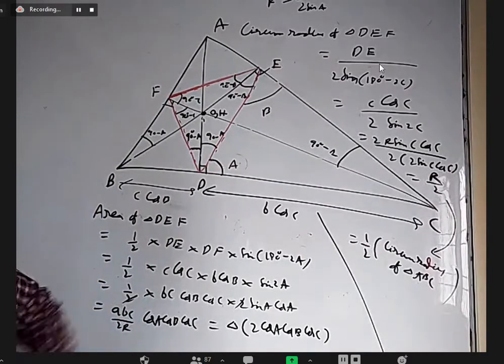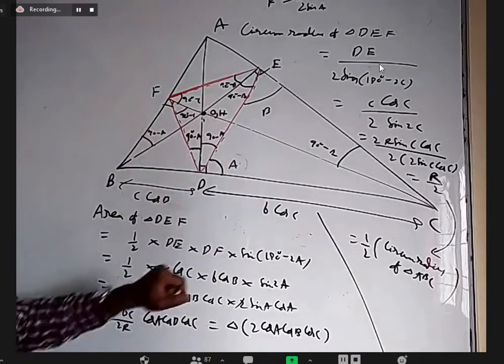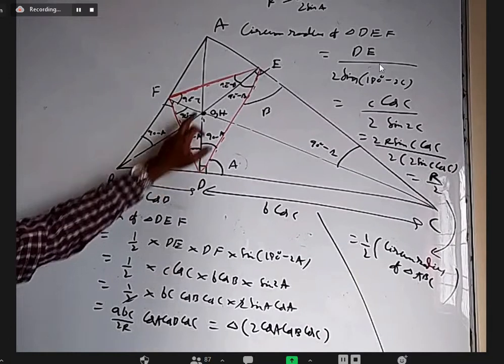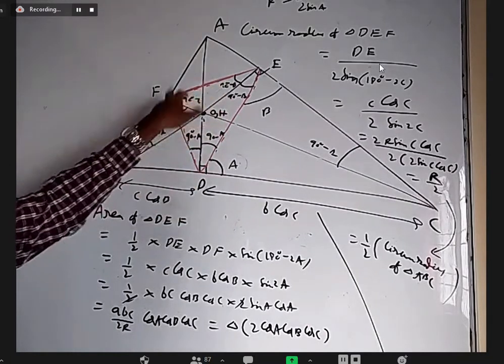But it is not that if they directly ask this, before this, a lot of work is done for us. We found all these lengths, and then we found all these angles carefully. Then we found how this is the incenter, how we have to find the side lengths and all that.